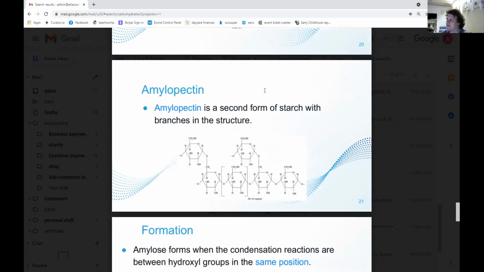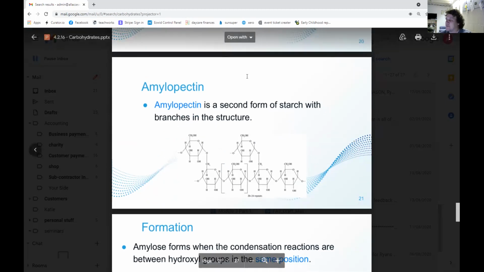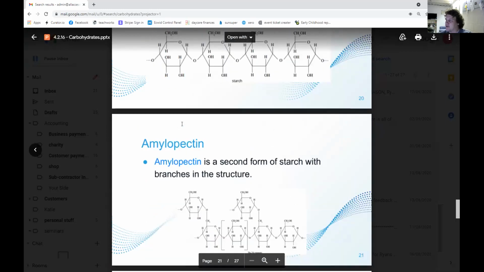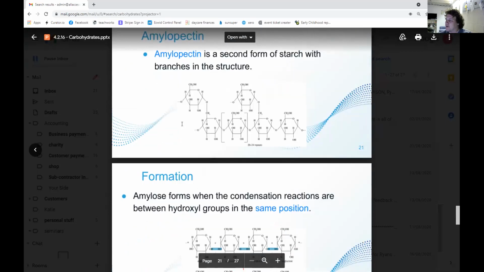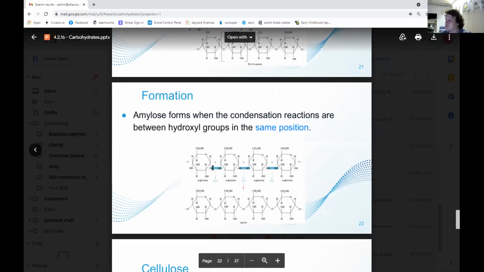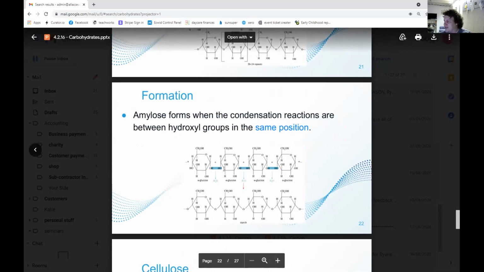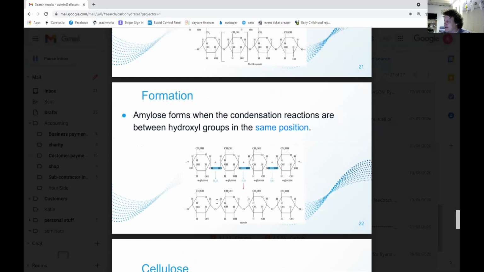So again, amylose and amylopectin form from the same condensation reactions as before. Hydroxyl groups are in the same position. That's how we get our linear molecule.